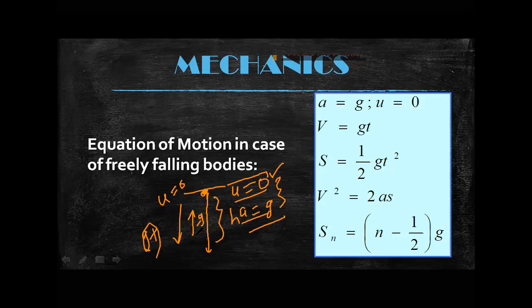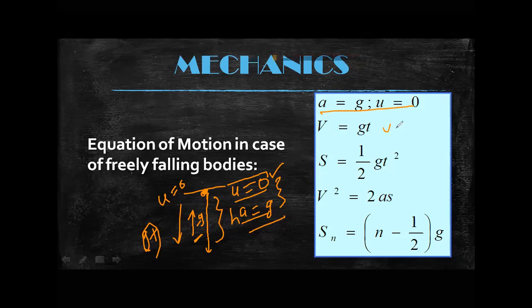When you are throwing an object upward, opposite to the direction of the ground, in that case you have to take g as a negative quantity. So when I substitute these two conditions in the equations which we discussed in the previous slide, these are the two conditions we are substituting.